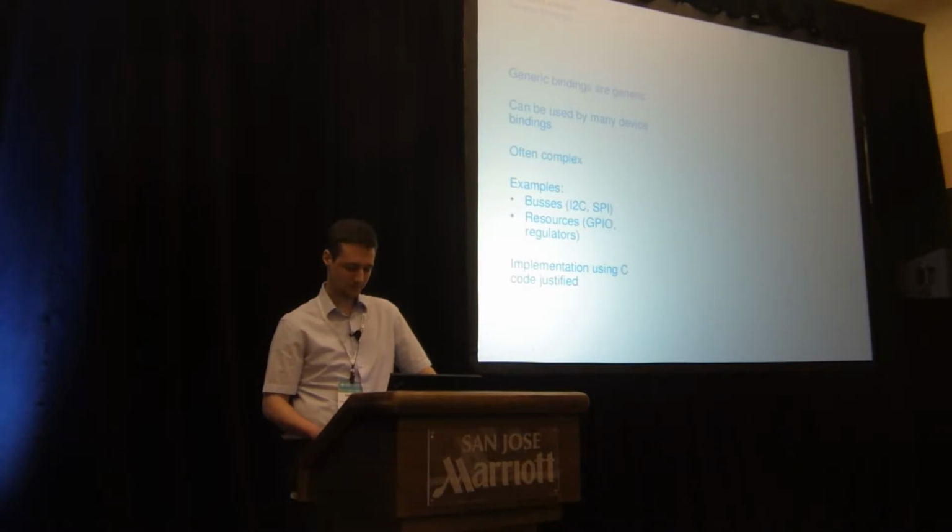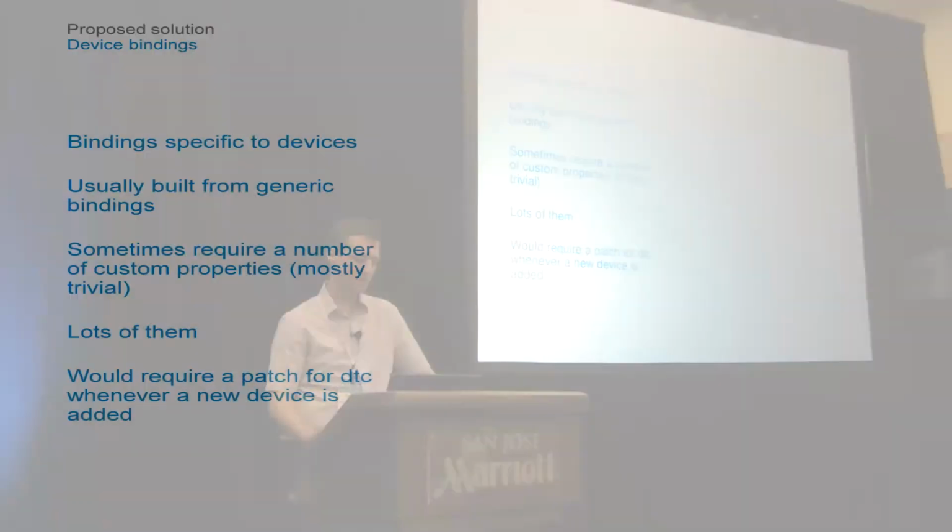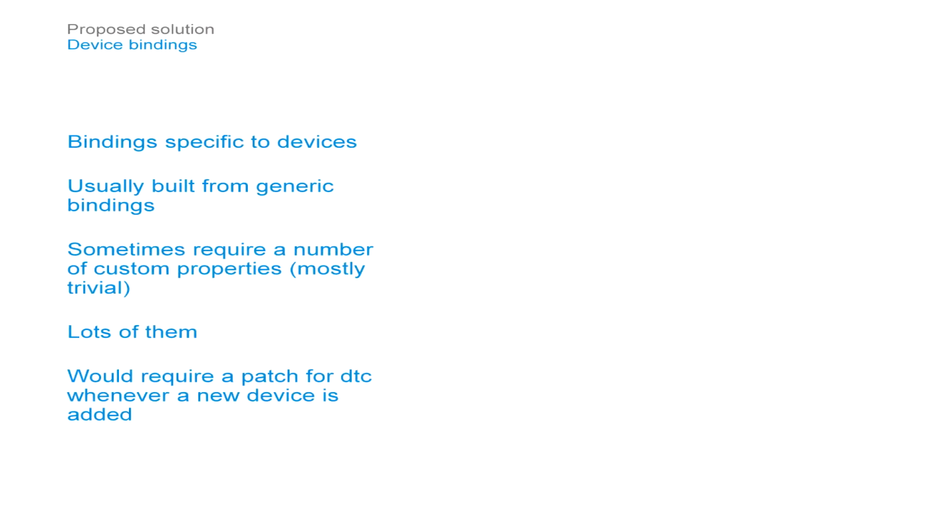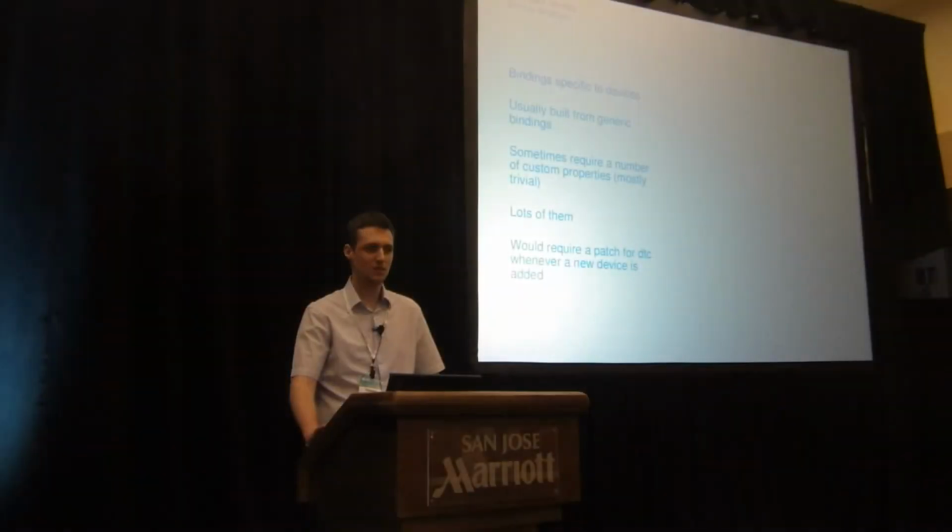But then we also have specific bindings that are device-specific and are mostly consisting of generic bindings, such as GPIO pins, clocks, interrupts, and so on. They are repeatedly used by multiple devices.